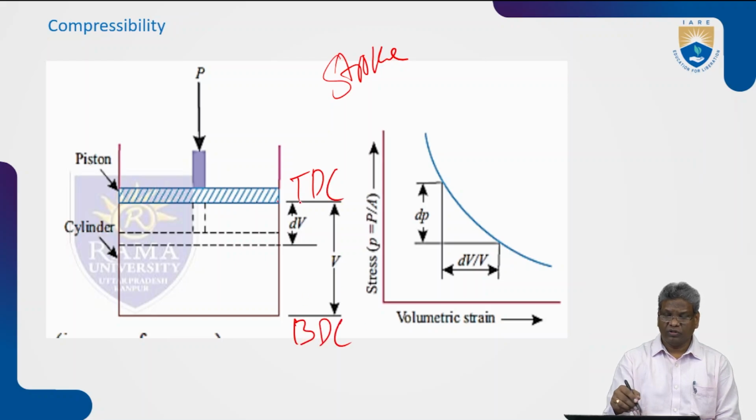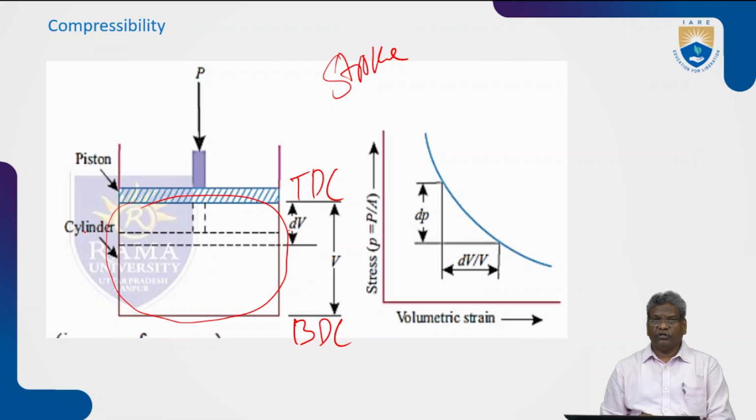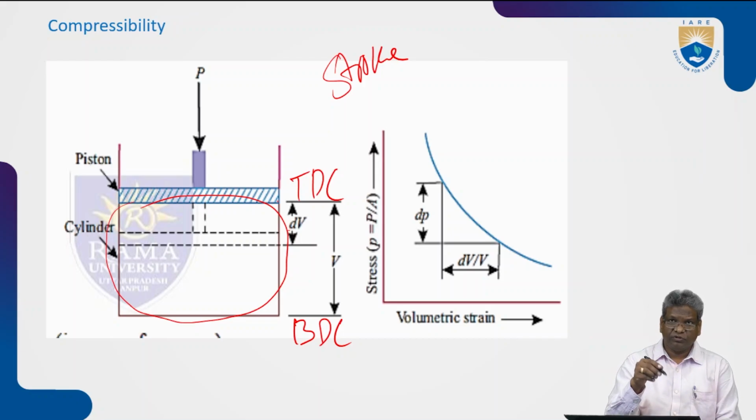So this is the stroke length, or you can call it the volume. That means the maximum volume occupied by the gas, or sometimes liquid, inside a particular volume. So this is the maximum travel of the piston. This is the piston.